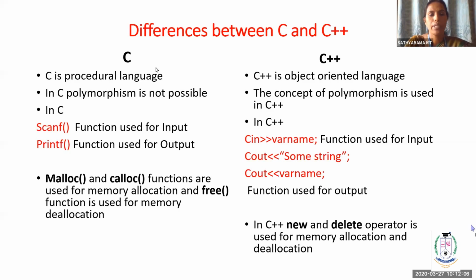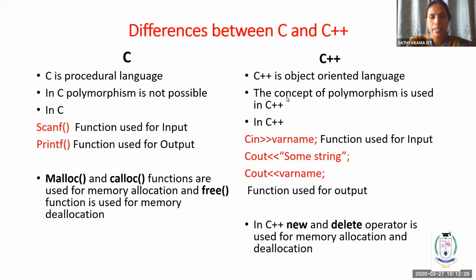The C programming language is procedure-oriented, and C++ is based on object-oriented programming. In C, polymorphism is not possible, but in C++, we can implement the polymorphism concept.